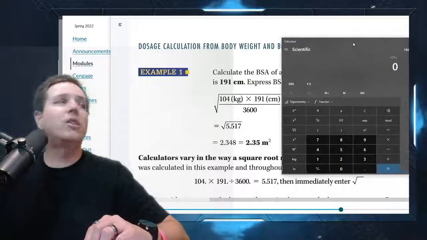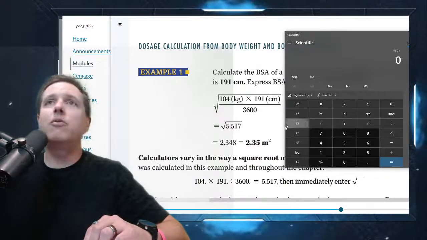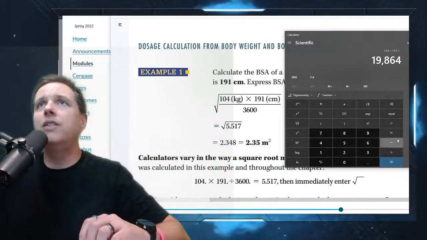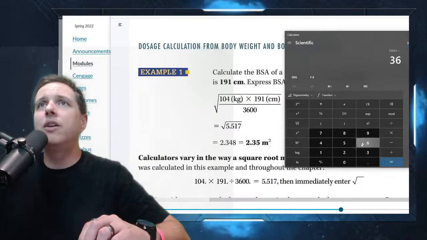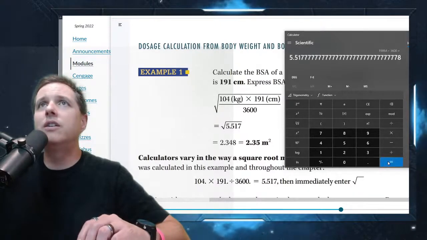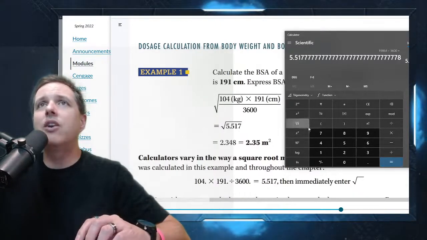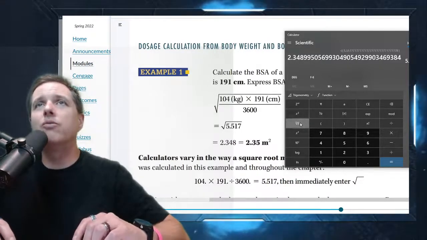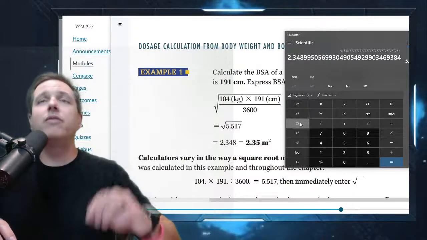So if I was going to do this one, here's what I would do: I would go 104 times 191 equals, okay, and then now I'm going to divide by 3600 equals this, and then I go, okay, now I want to take the square root, and I get 2.34, which rounds to 2.35, right?